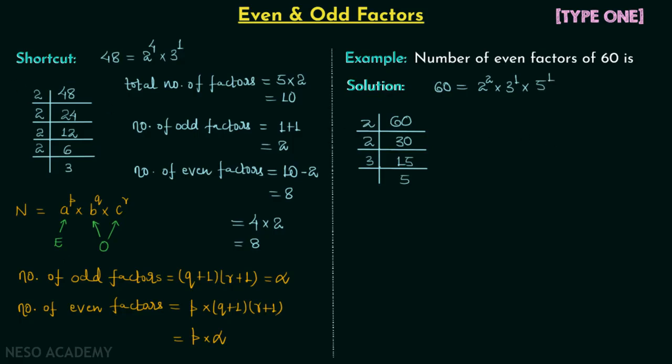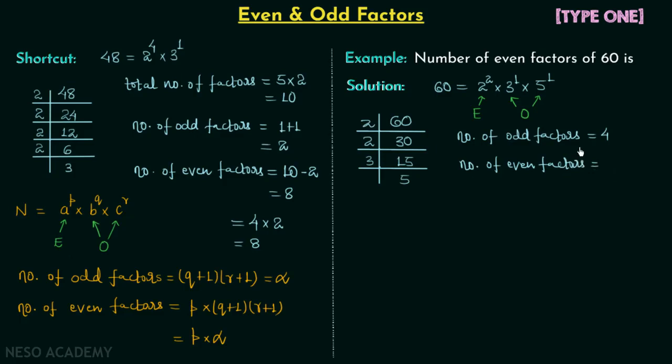Now when you observe, you will find 2 is our even prime factor, and 3 and 5 are our odd prime factors. The number of odd factors will be equal to 1 plus 1 multiplied by 1 plus 1, giving us 4. Moving on to finding the number of even factors of 60.